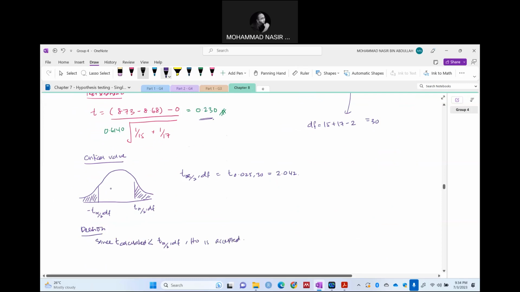right? So how do you know? So the T value, this is 2.042, this is negative 2.042. So this is 0, 0.230 somewhere here, right? 0.230 lies inside the accepted region. So we accept null hypothesis.